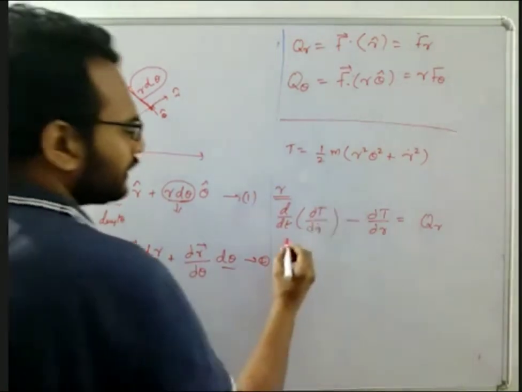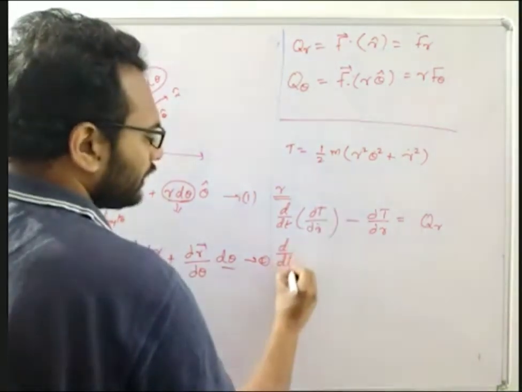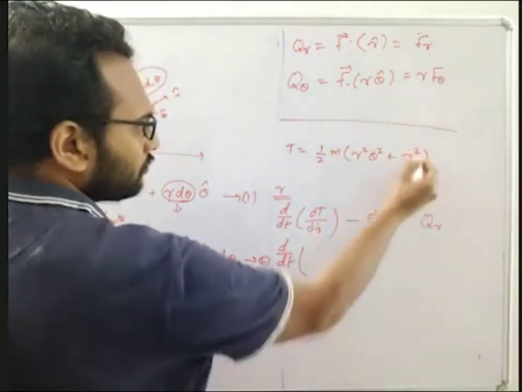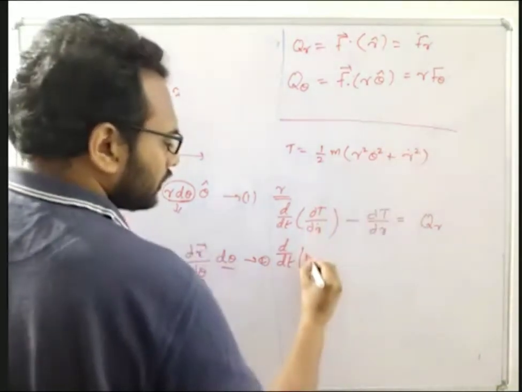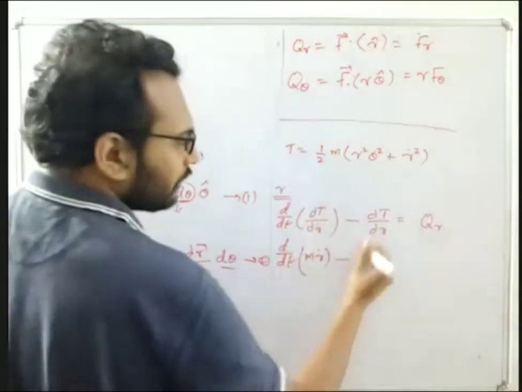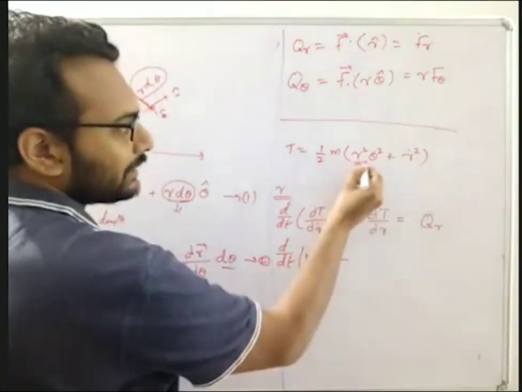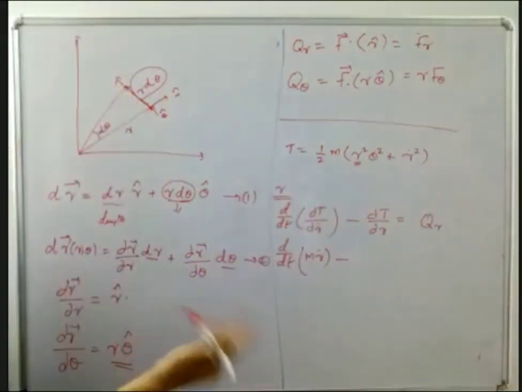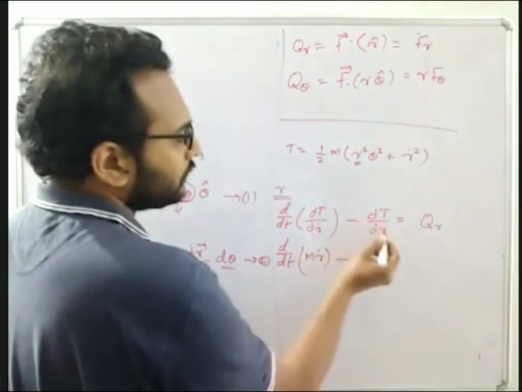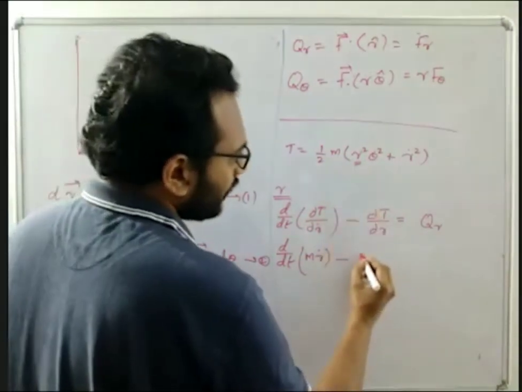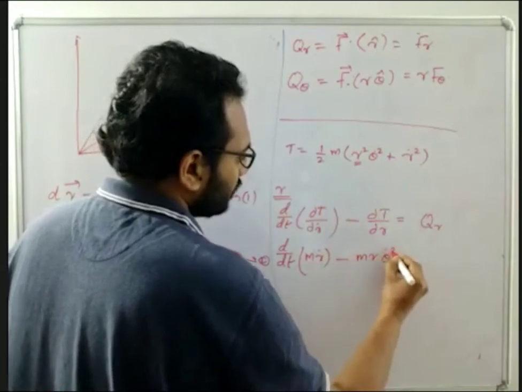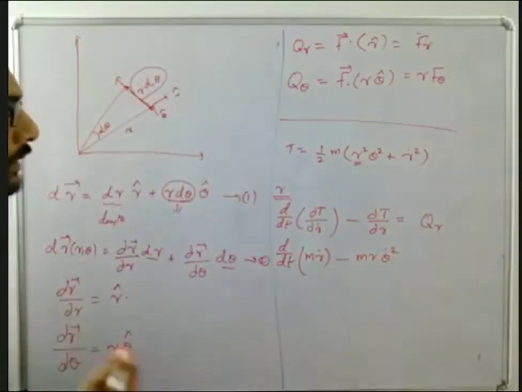You see that d by dt of dou T by dou r dot is just m r dot. And we also have minus dou T by dou r. Remember that there's a function of r here, so it's not zero as in the previous case. So you have to take care of this. So dou T by dou r is equal to m r theta dot square, right?